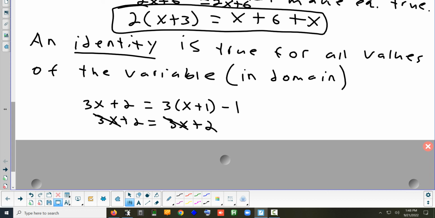Any number that you pick for x will work. Every number. 6, that's the answer to this problem. 7. Any number. Those are all answers to that question. Any question on that idea? So an identity is just a special type of equation.